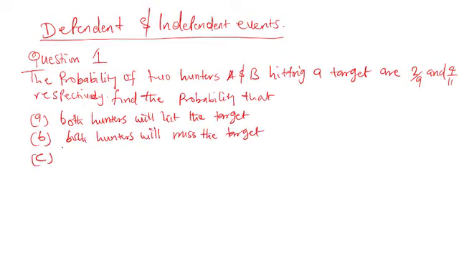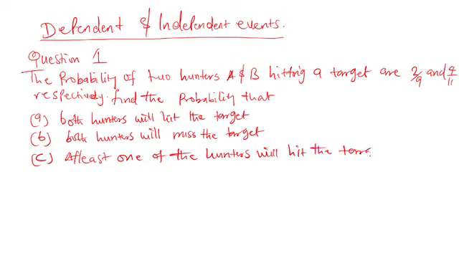And C, find the probability that at least one of the hunters will hit the target. Now, these are the three possible questions we want to deal with at this point.